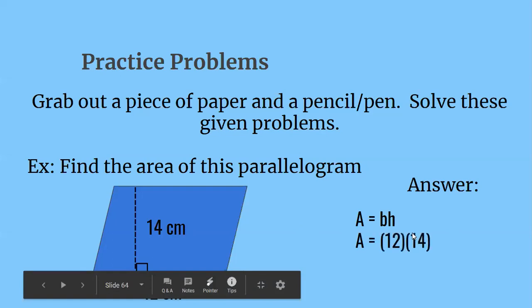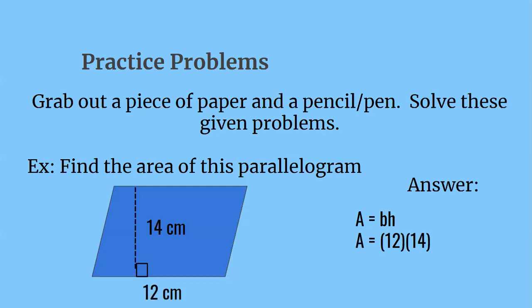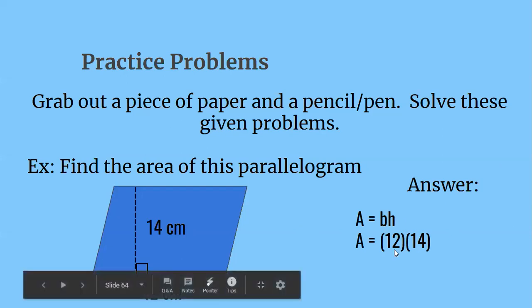And then we plug it in. So 12 centimeters goes to base, B. 14 centimeters goes to H. So then we get area equals 12 times 14. And then we get area equals 168 centimeters squared.